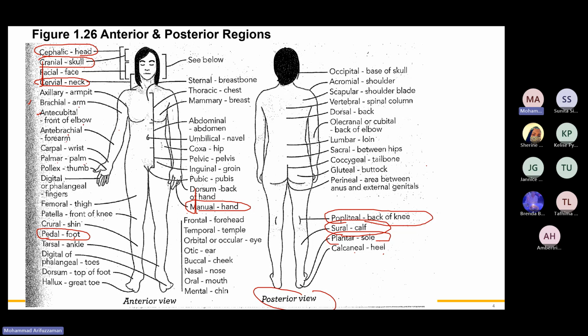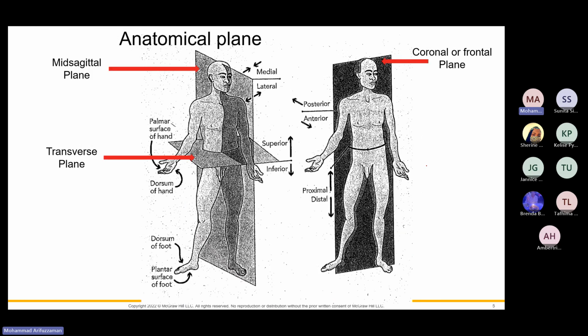Okay, so the anatomical planes that we discussed on Monday. This is again very important, and these anatomical planes are used in diagnostic imaging and in surgical procedures. I'll not go over the details, I'll just let you know the coronal or frontal plane divides the body into anterior and posterior.